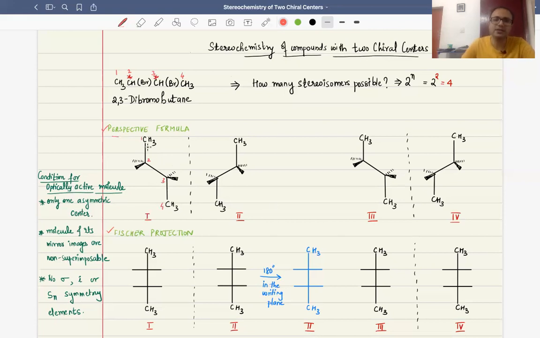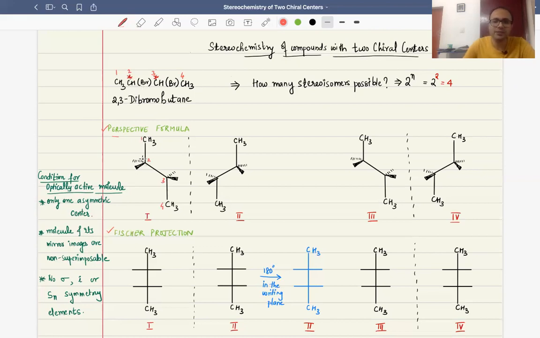Since there are two chiral centers present, that is position number 2 and position number 3, I have drawn the corresponding perspective formulas at the two stereocenters. Now, after placing my carbon chain on the line bond, the next thing that I have to do is arrange the substituents.